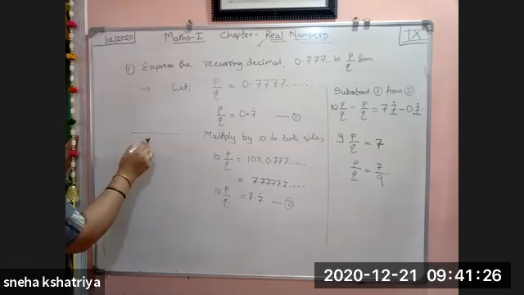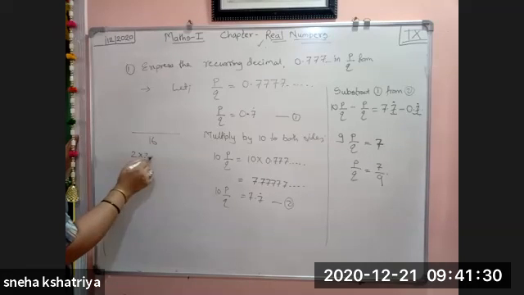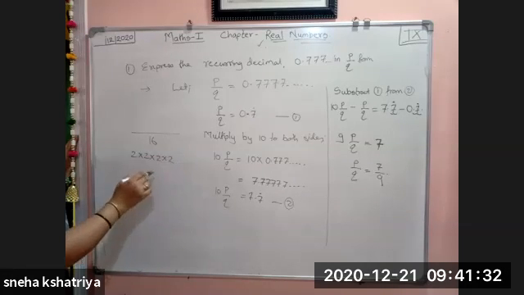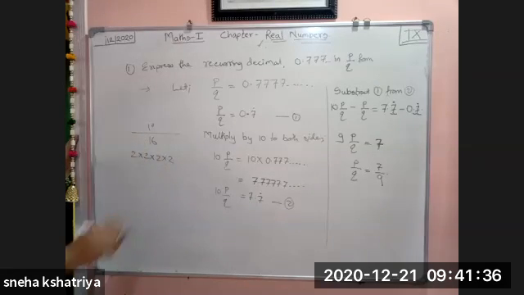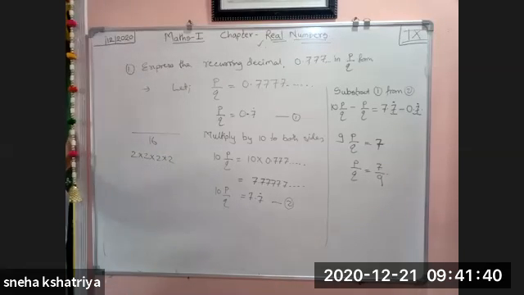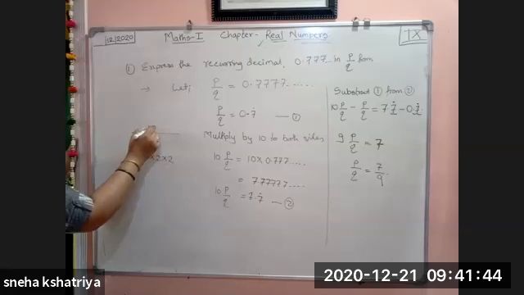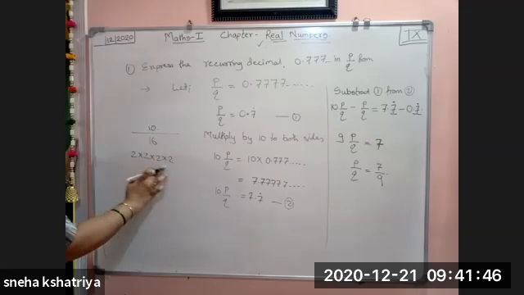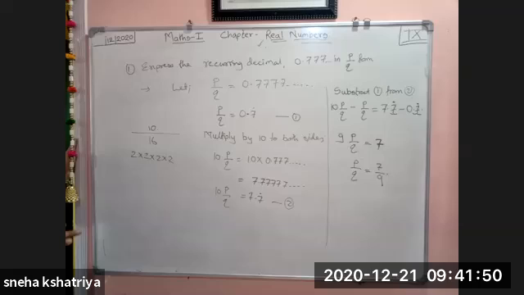For example, if at the denominator we have 16, we can write it as 2 into 2 into 2 into 2. Whatever the numerator is, if the denominator has only prime factors of 2, then the fraction is terminating type.